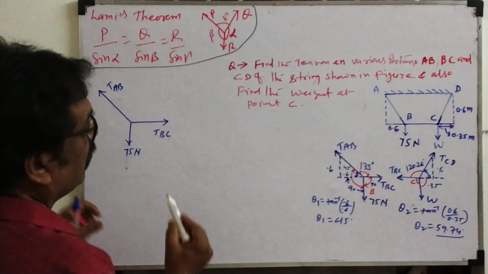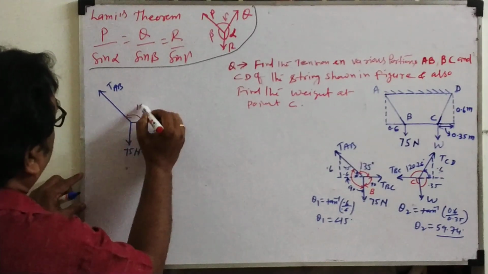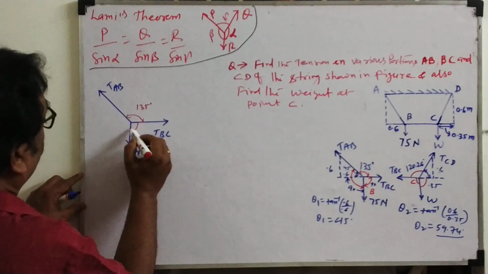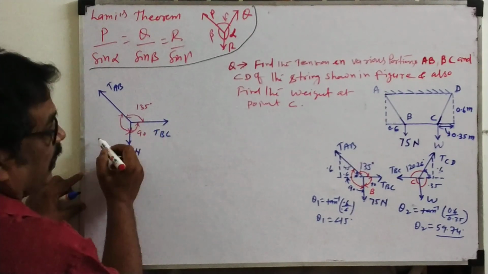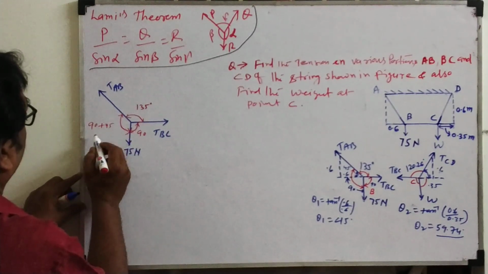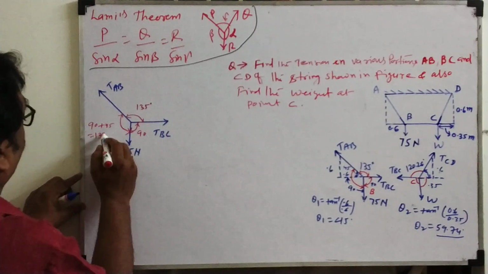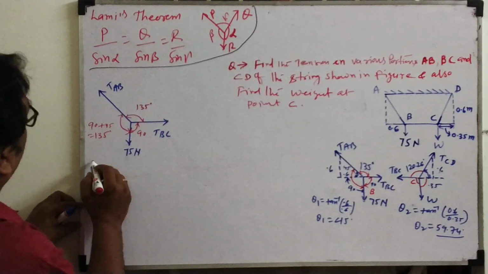This angle is 135 degree. This angle is 90 degree. This angle is 90 plus 45, equal to 135 degree. So I know all the angles. So apply Lami's theorem at point B.